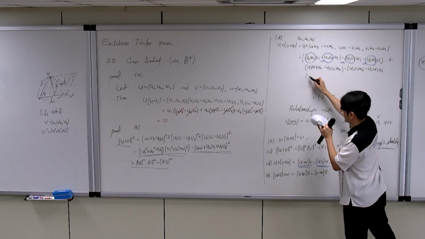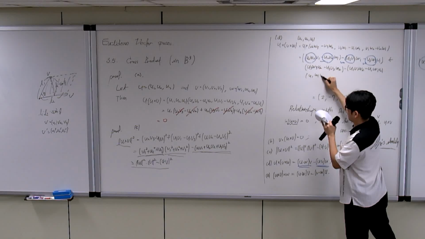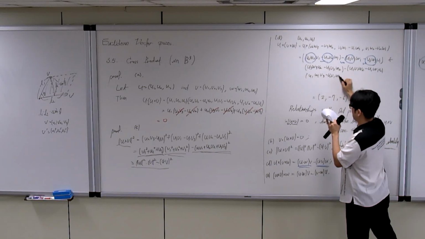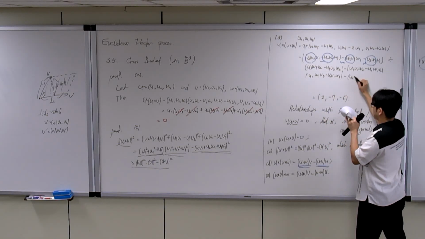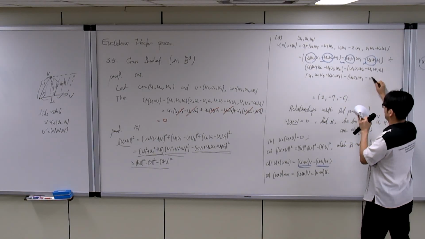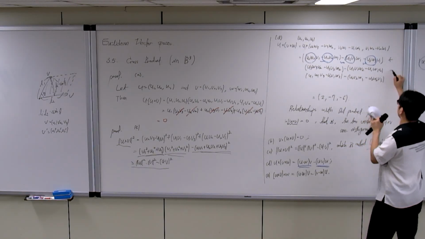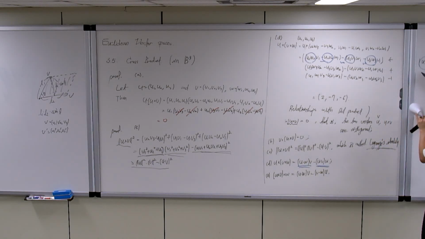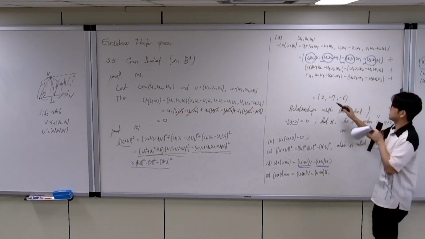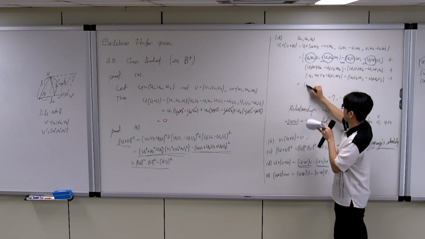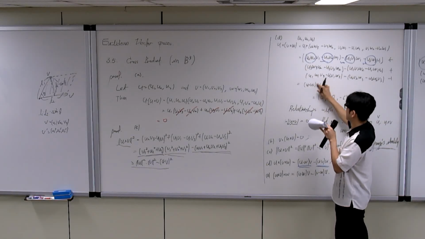Similarly, I will write the final terms: U1 V1 W3, U2 V2 W3, U2 W2 V3, and by adding and cancelling the terms, if you calculate it, it will give the fact we want to get.